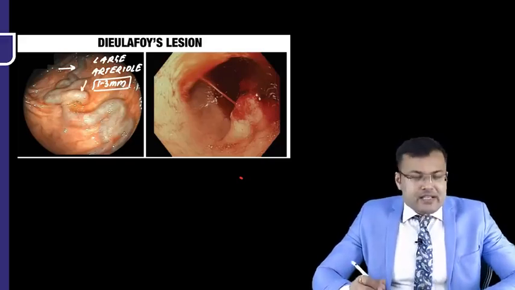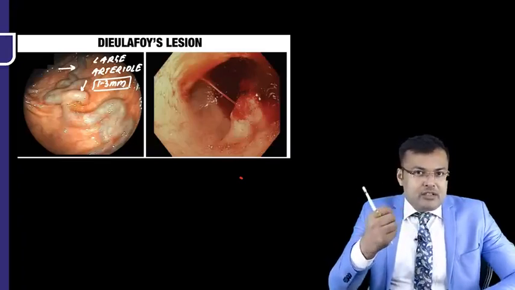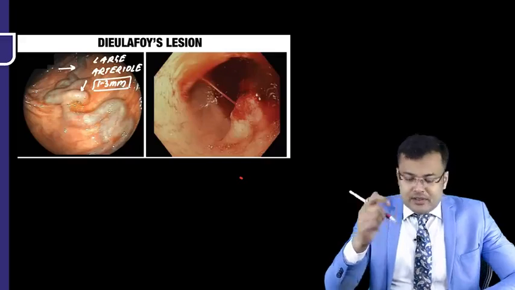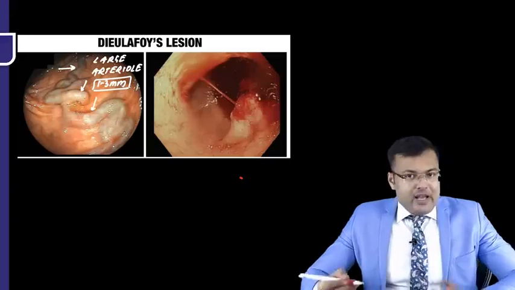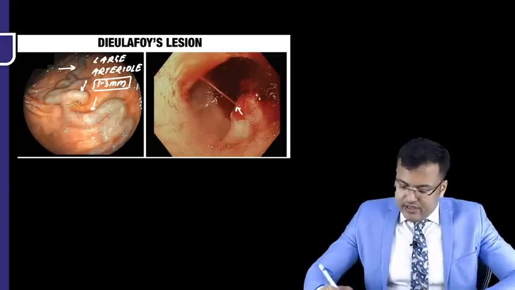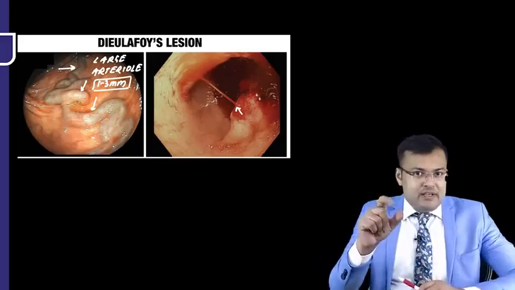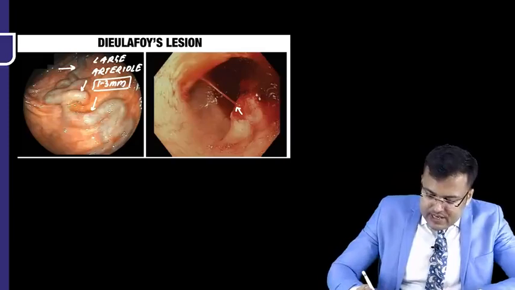Because of the gastric environment and the pulsation, the overlying mucosa is lost. Whenever the overlying mucosa is necrosed because of continuous pulsation, acid works on the wall of this arteriole. Because of that, you can see here what kind of bleeding occurs: active pulsatile bleeding.